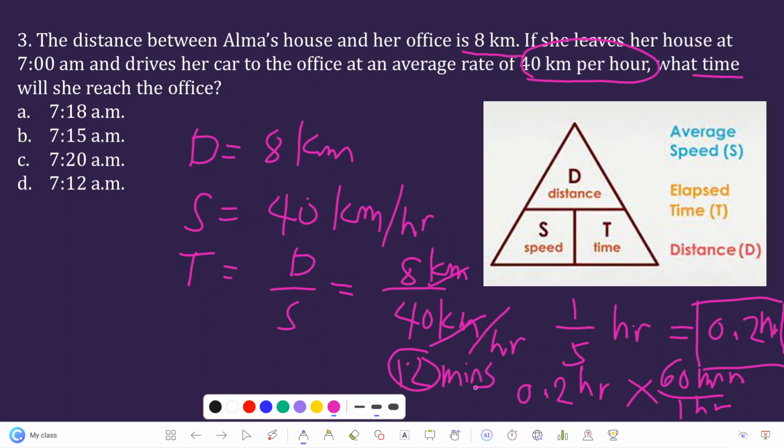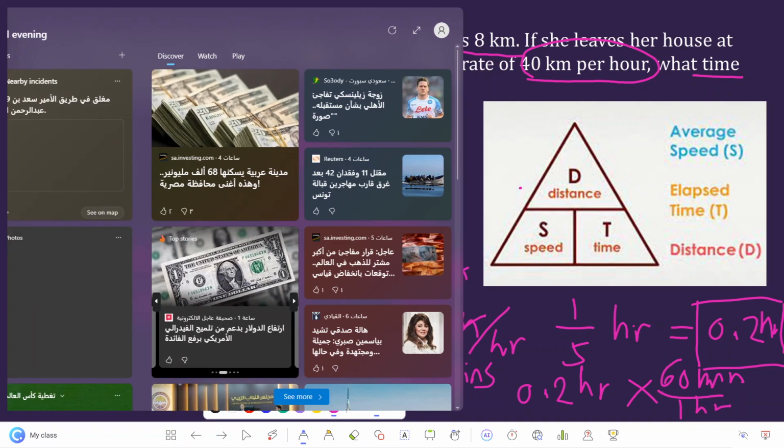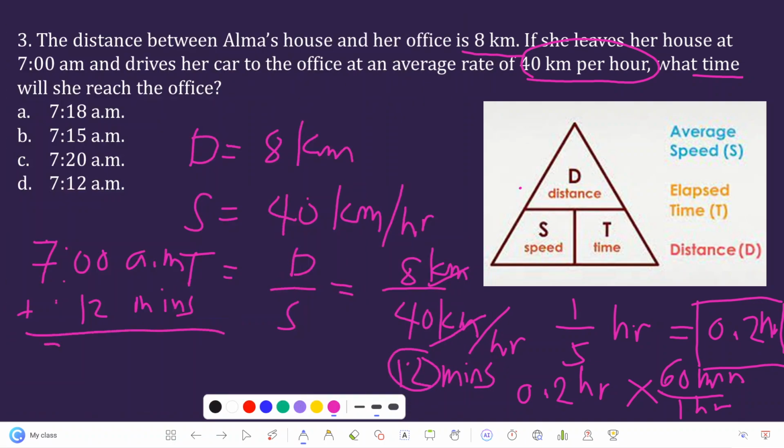At ang gagawin mo, i-add mo lang siya sa 7 a.m. plus 12 minutes. So you will have 7:12 a.m. And this is letter B. Okay? So that is number 3. So hopefully, naintindihan at unawaan ng lahat ang pag-solve ng ganyan uri ng motion problem.